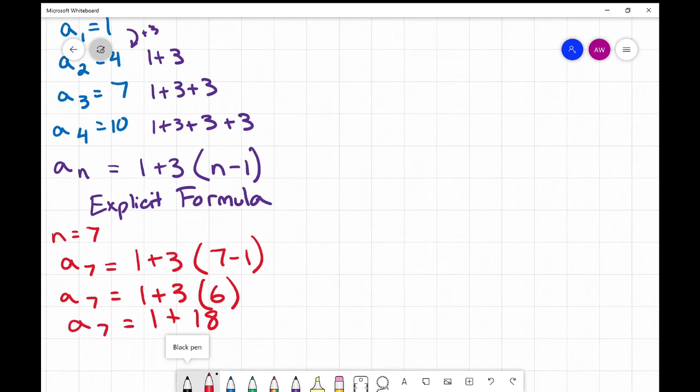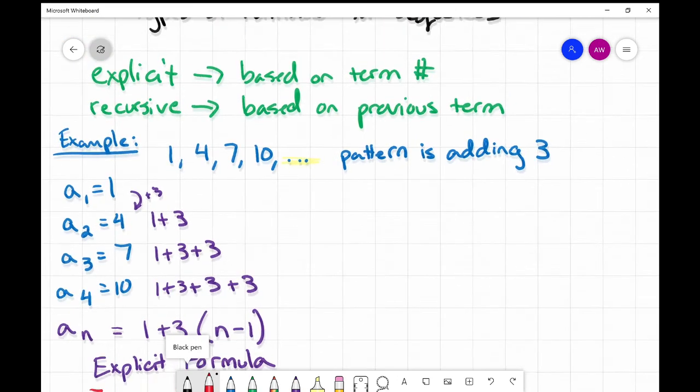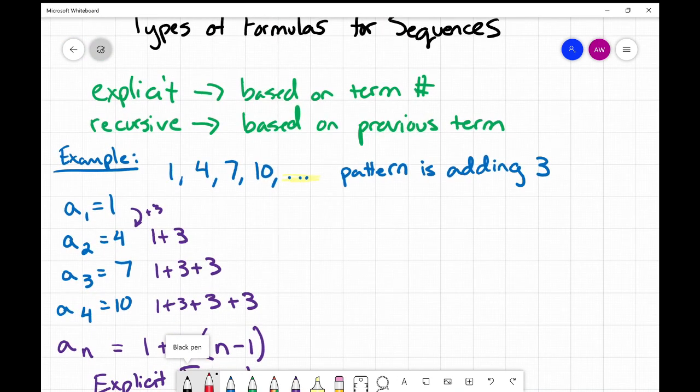So a sub 7 means the 7th number is going to end up being 19 in this pattern, which if we want to check, we can say plus 3 to get 13, plus 3 to get to 16, plus 3 to get to 19. 1, 2, 3, 4, 5, 6, 7th number is in fact 19.